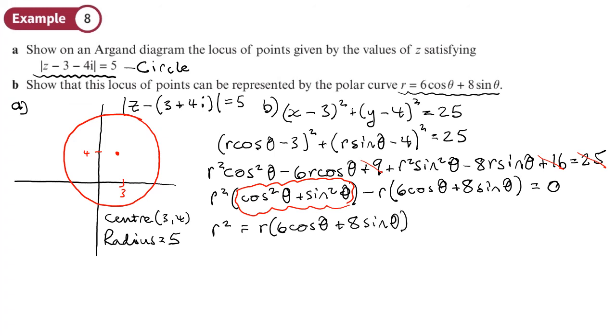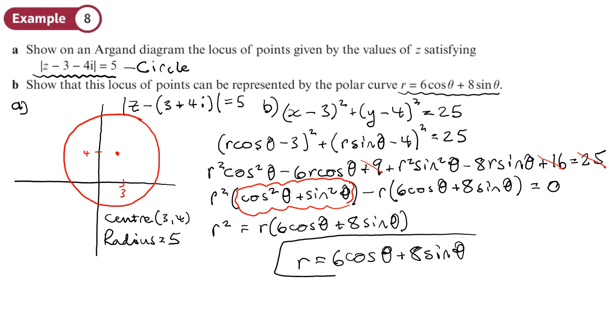Then divide both sides by r, and we have r equals 6 cos theta plus 8 sine theta. So there we go. We've proved it. The equation of that circle can be written in that form.